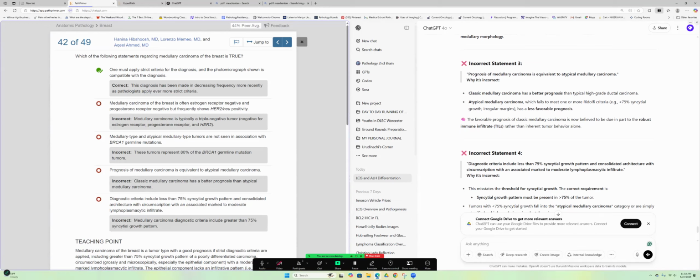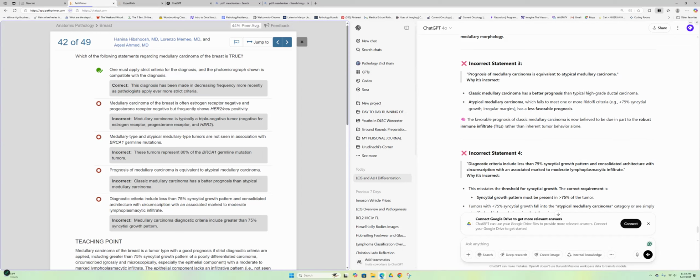So the first, classic medullary carcinoma, must apply strict criteria. The atypical one shows hybrid ductal carcinoma characteristics. So atypical medullary carcinoma has a less favorable prognosis.